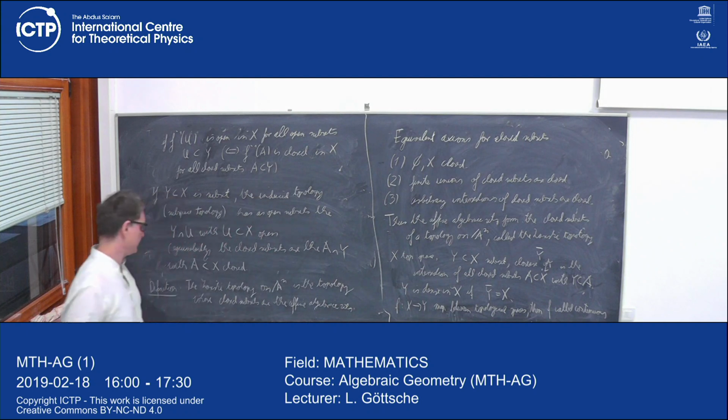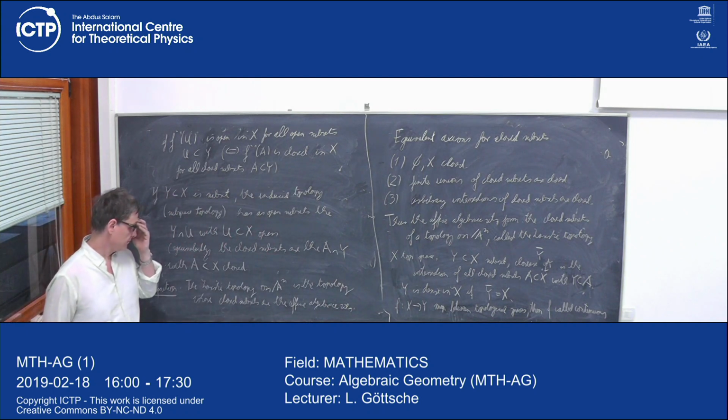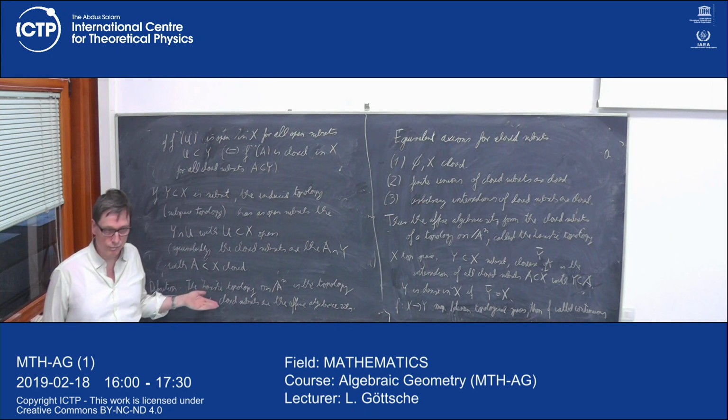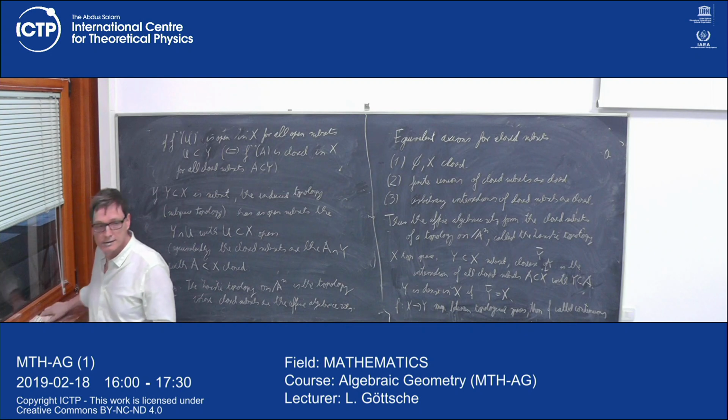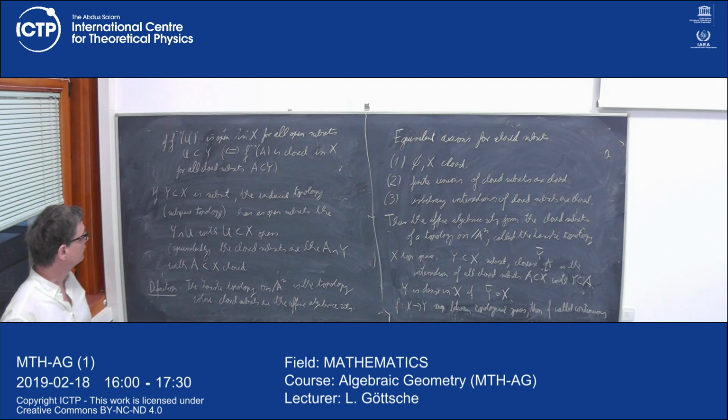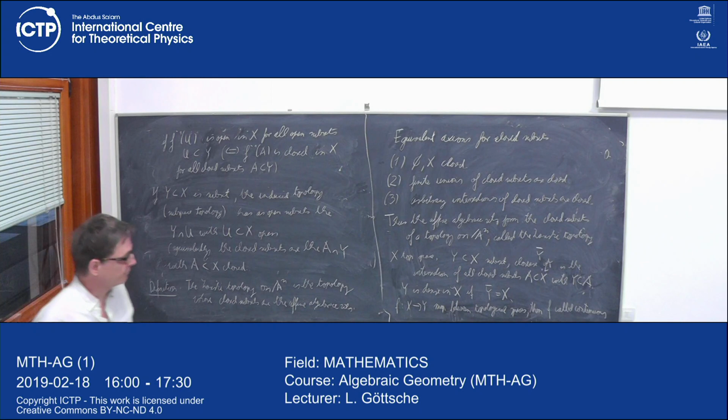We want to use this to also define the corresponding topology on the affine algebraic sets. Namely, we endow the affine algebraic sets with the induced or subspace topology. And then we can as well do this for any subset of A^n.